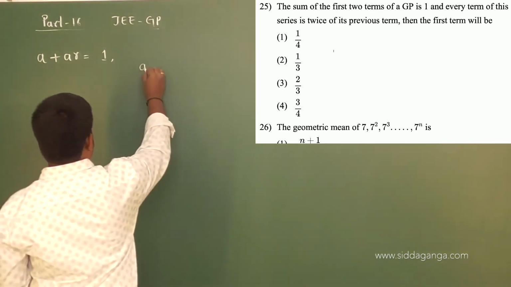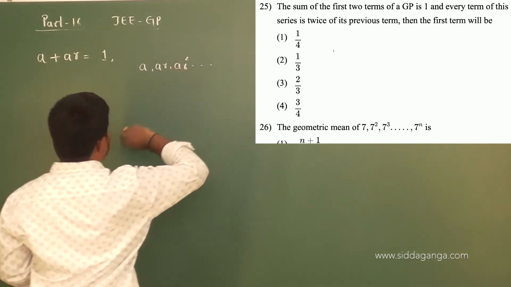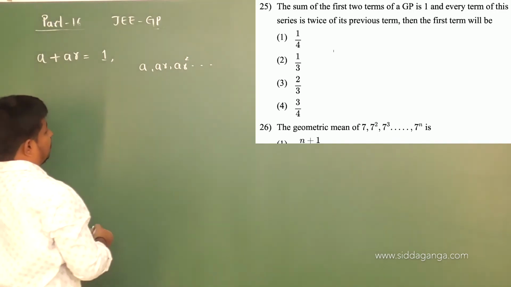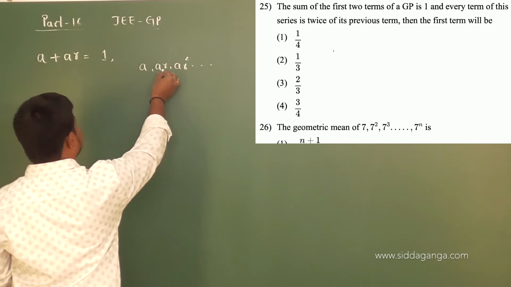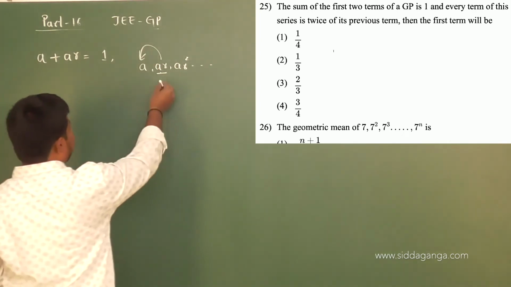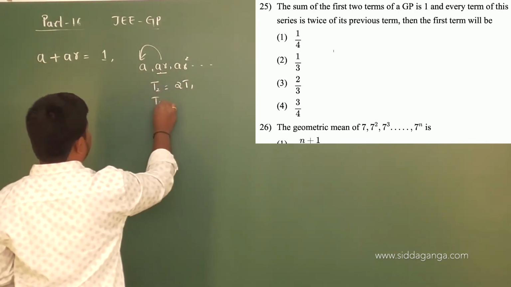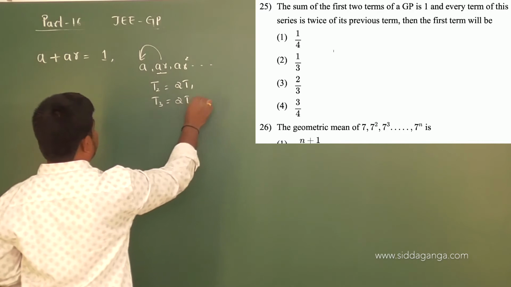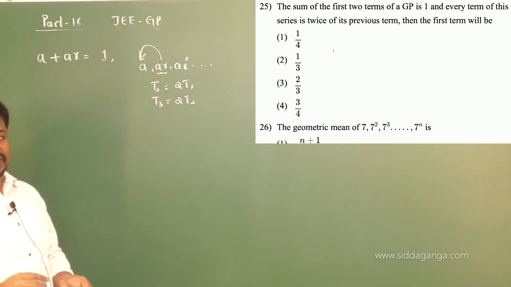I mean, if we have AR square and so on, if these are in GP, every term, for example, this is AR, the value of this is twice of the previous one. You mean T2 is twice of T1, T3 is twice of T2, T4 is twice of T3 and so on. This is the condition we have.